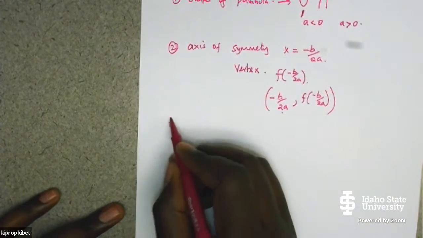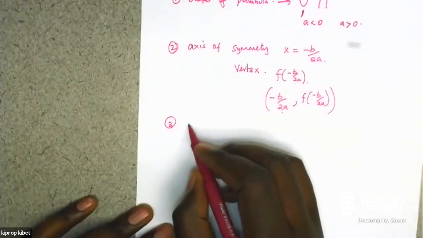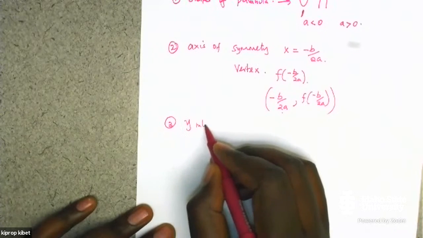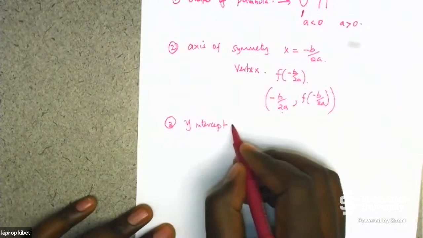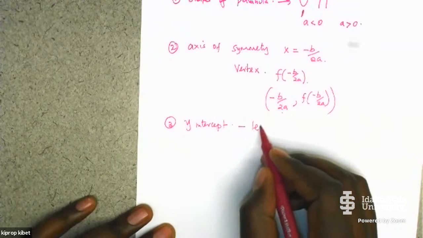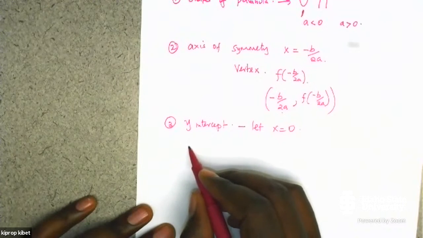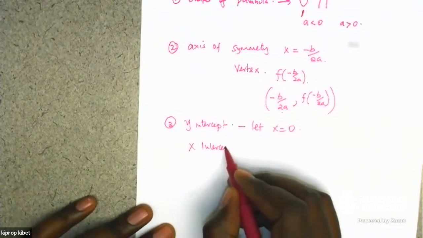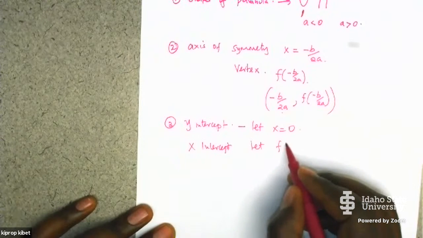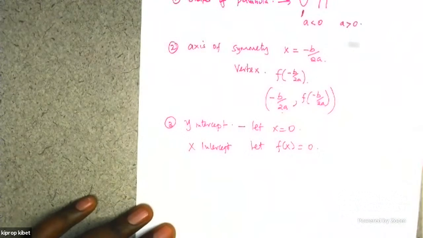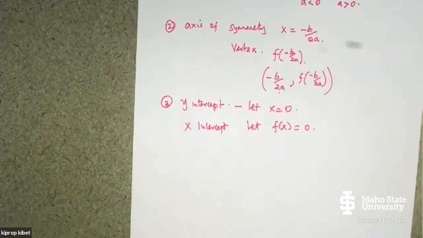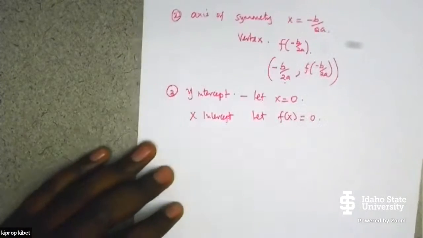Number 3, you now need to remember how to get the y-intercept, where we let x equal 0, and the x-intercept, where we let f of x equal 0. Those are the basic steps that you need to remember before you now sketch the graph.